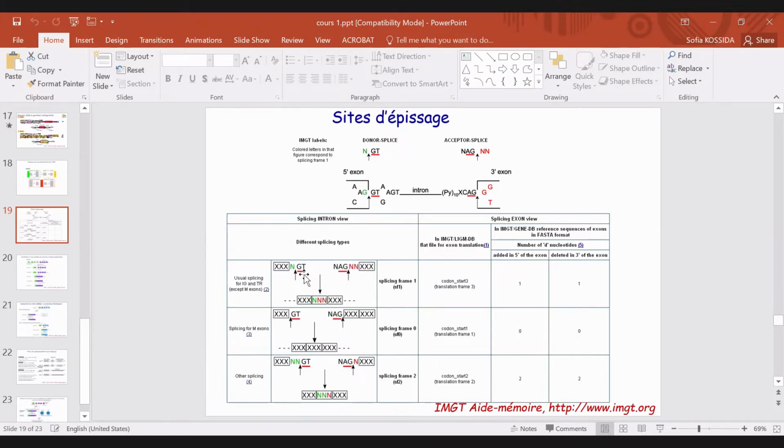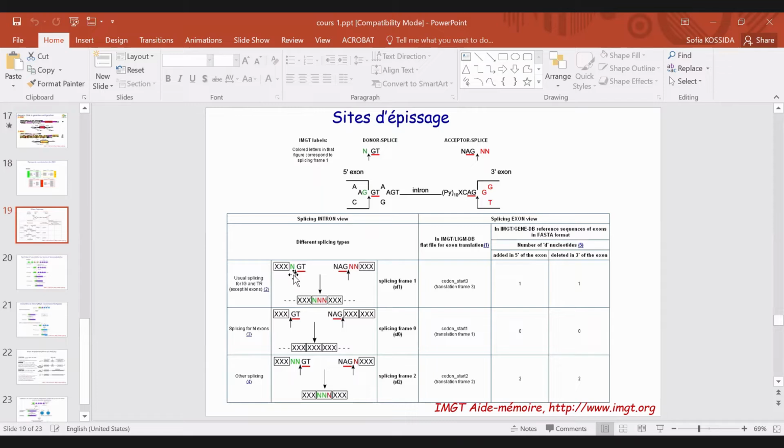We said that the donor splice should be GT. The acceptor splice should be AG. You realize what's happening, right? There are some nucleotides here that will be deleted. The GT and the AG will be deleted. And look what happens.